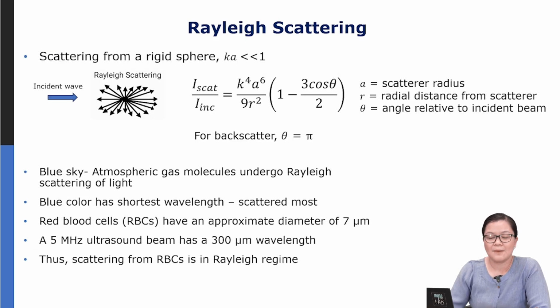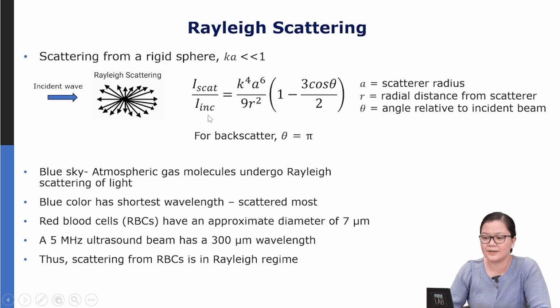Now here's just an example of scattering from a rigid sphere. And this is the mathematical formulation of what Rayleigh scattering would be, wherein Ka is much less than 1. Although most parts of the body are not so rigid, the rigid sphere approximation fairly holds in terms of the relationship of the intensity and the backscattered wave.